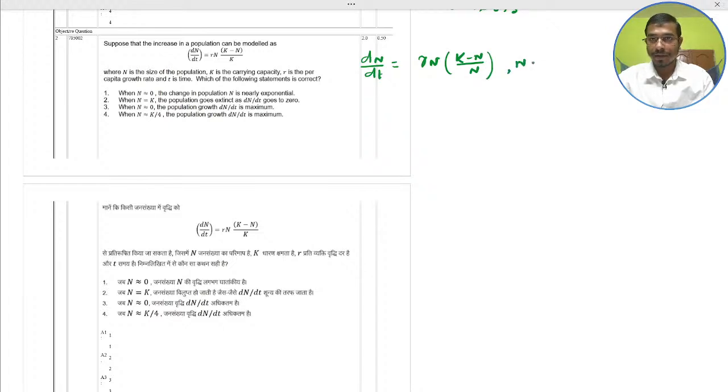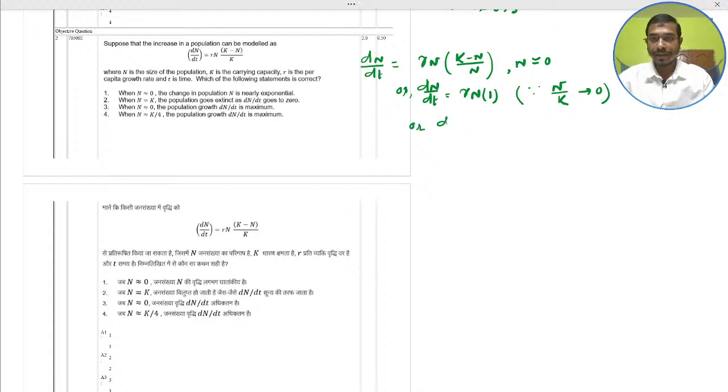Okay, so N is nearly equal to 0. So dN/dt equals gamma times N times 1, because N by K tends to 0.